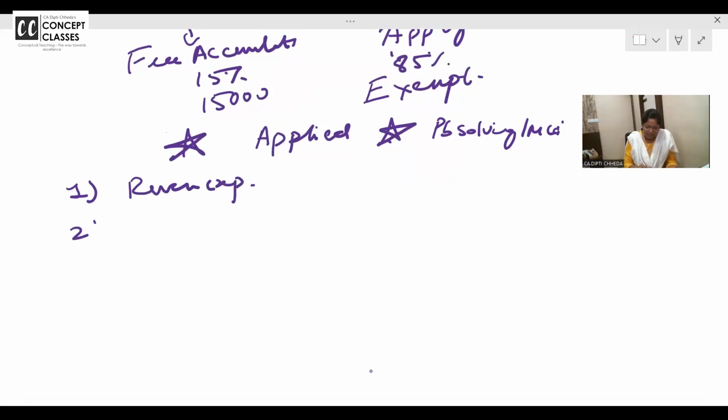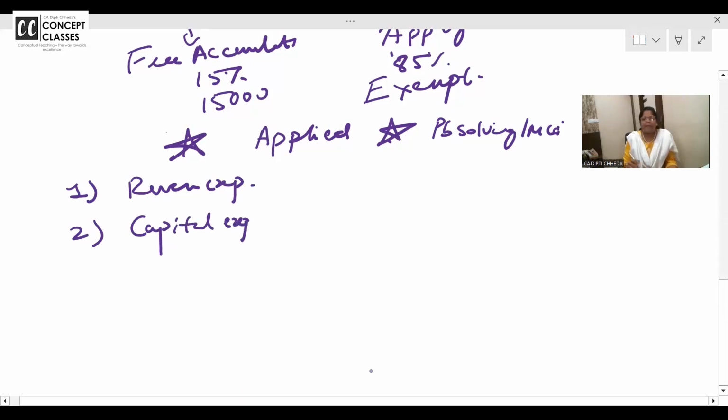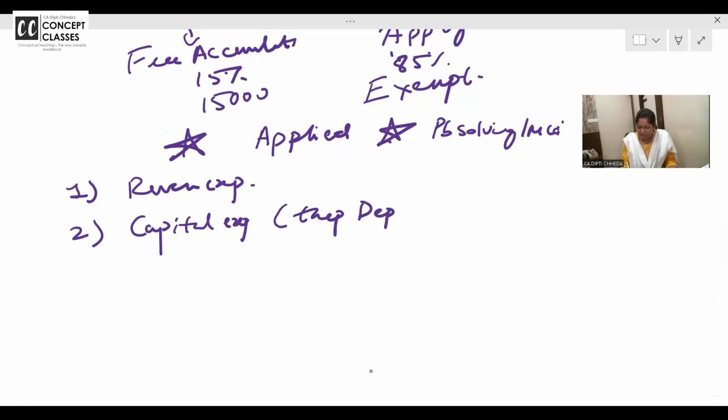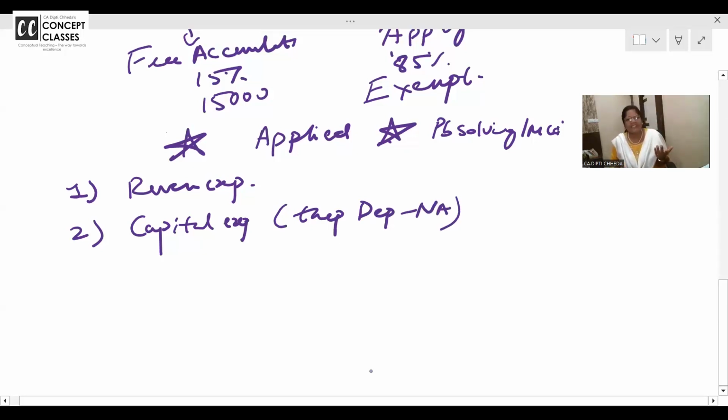Answer is yes. Can they spend for capital expenditure? Can they buy plant and machinery, projector, laptop, building? Yes. But if the whole capital expenditure, say building, is allowed, then depreciation is not allowed. Am I right?